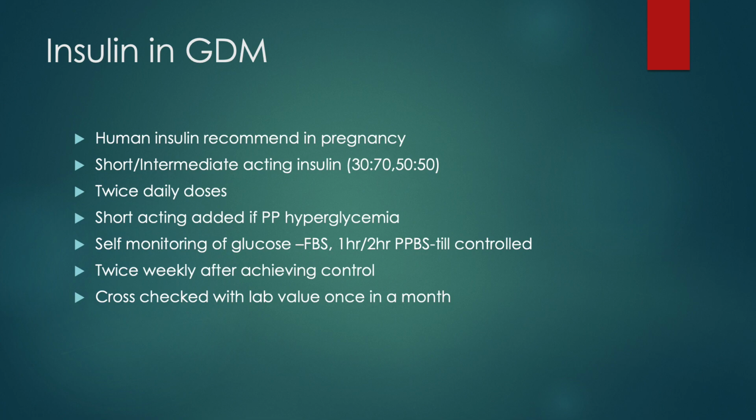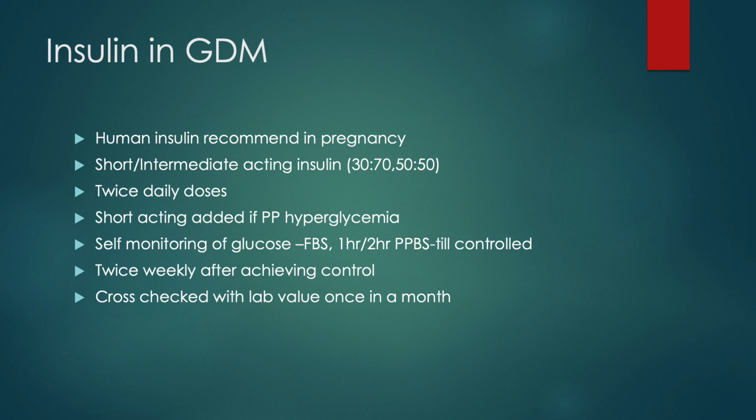In pregnancy, we prefer only human insulin, and usually for better control we use an intermediate acting insulin. If it is not controlled, we may add a short acting insulin, and usually we don't prefer a long acting insulin, as it may be difficult to control the blood sugar level in pregnancy.